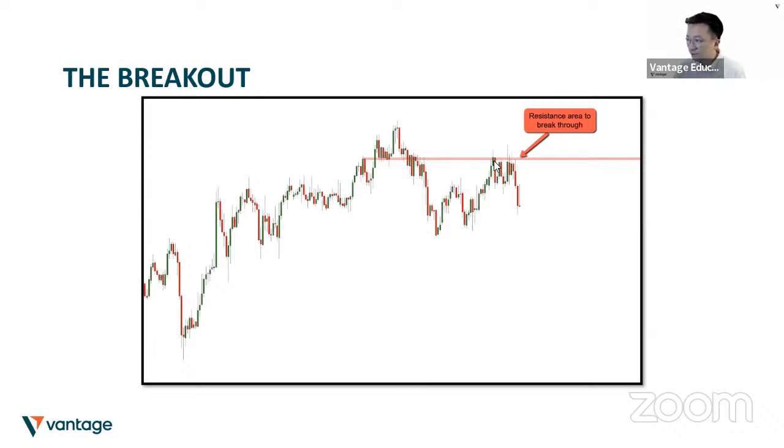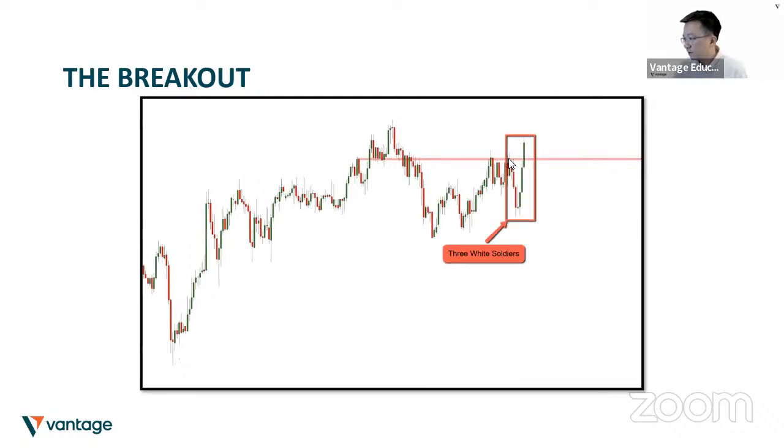It's been hitting that resistance level several times, failing to break above. But with that price action, as we see in this case, three white soldiers, 1, 2, 3, pushing towards the upside, it's now breaking above resistance.